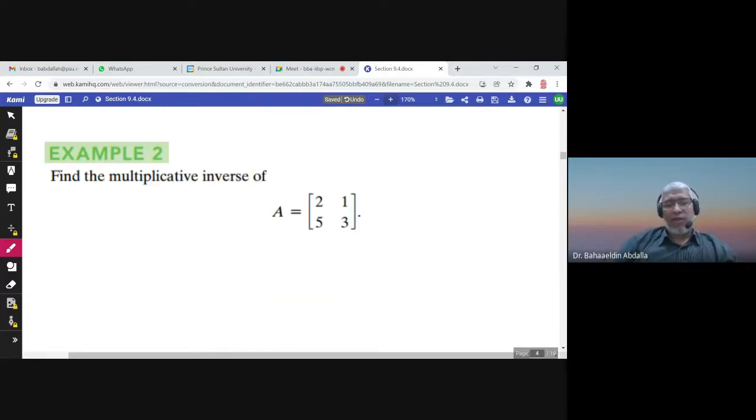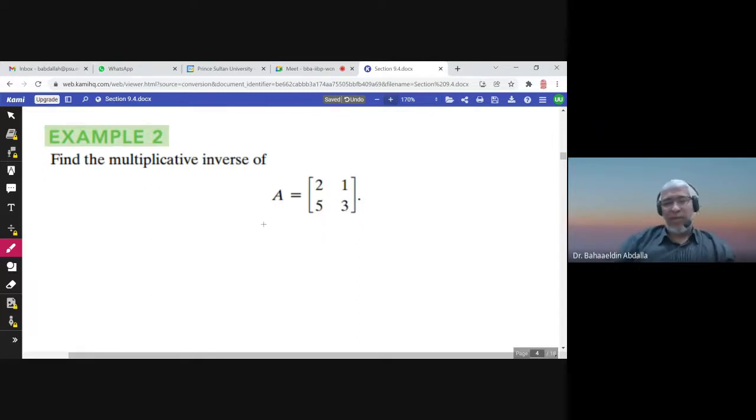Now let us try to find the multiplicative inverse of a matrix. How to find the multiplicative inverse of a matrix? Well, up to now, let me say that the multiplicative inverse of A is a matrix in which the numbers are a, b, c, d.